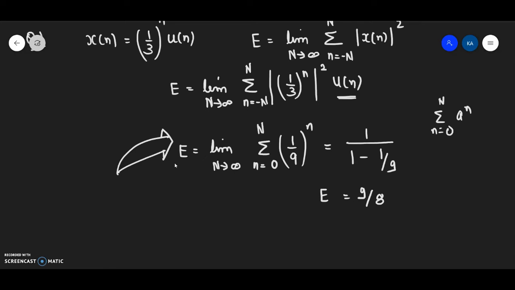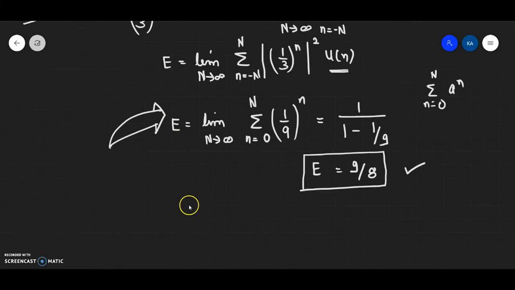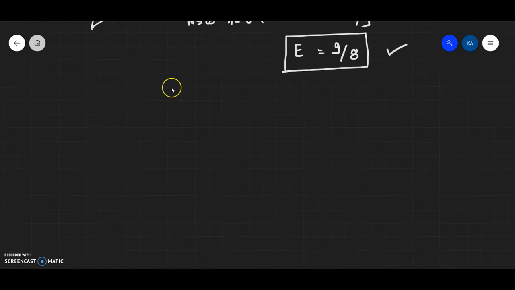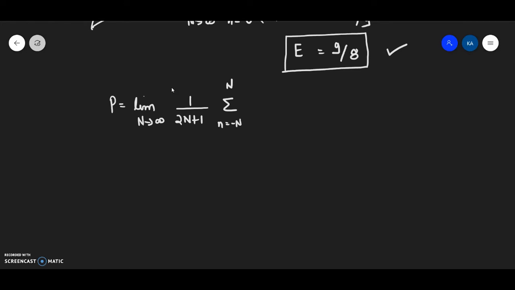Fine. Now, just because the energy is coming finite, we can't leave the question midway. We have to see what the power of the signal is coming. So let us find the power as well and see how the expression is solved. For power, I'll be using limit n tending to infinity, 1/(2n+1), and again my limit will run from minus n to n, and here I'll be using (1/9)^n into u[n].